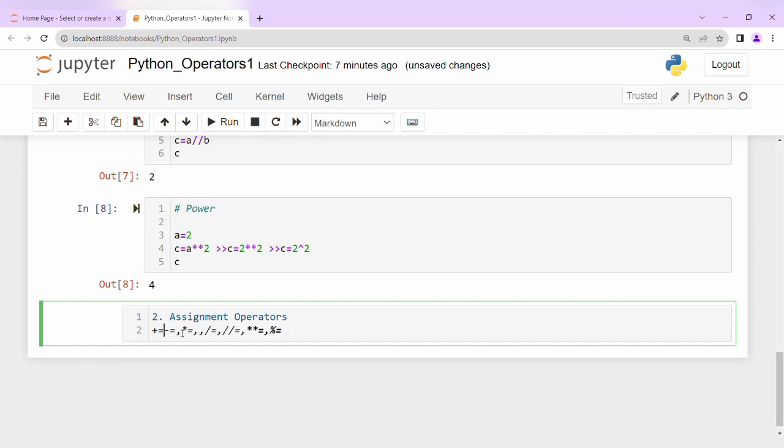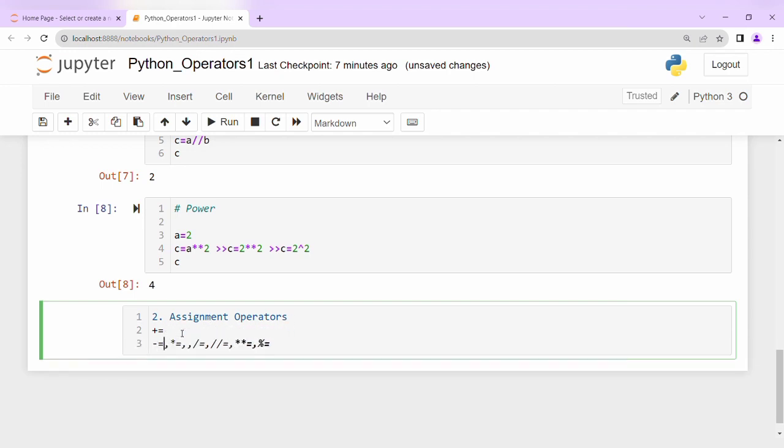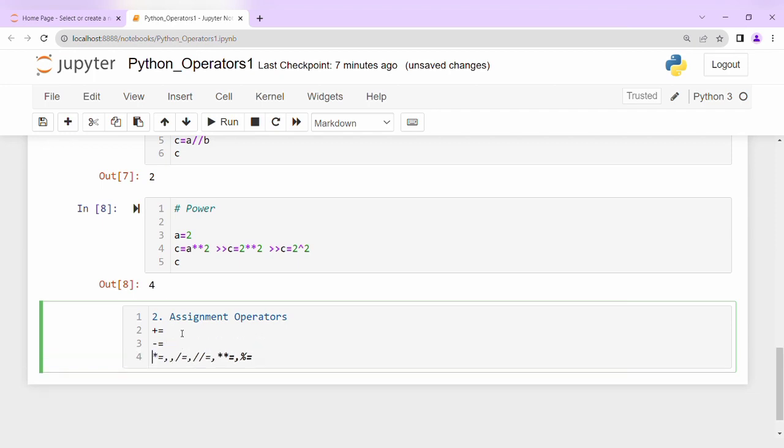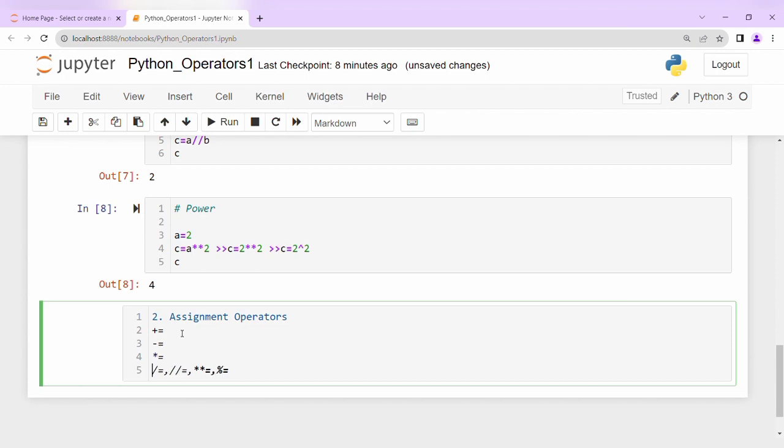So there are multiple operators in assignment operator also. We'll see all operators one by one.